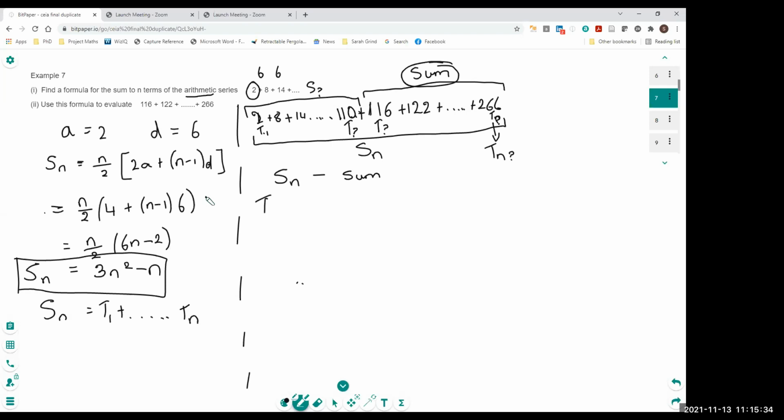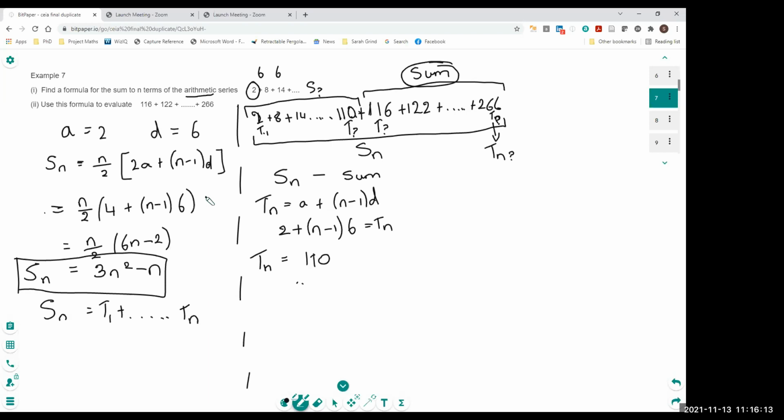So T of n we know is a plus n minus 1 d. And we know that a is 2, so we have 2 plus n minus 1 times 6 is equal to T of n. But we do know that the T of n for the 110 is equal to 110.